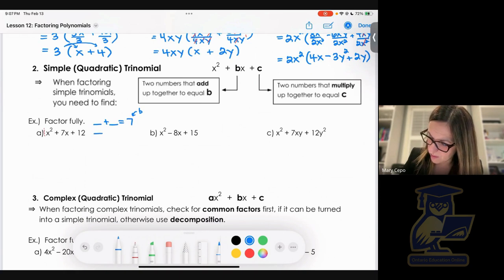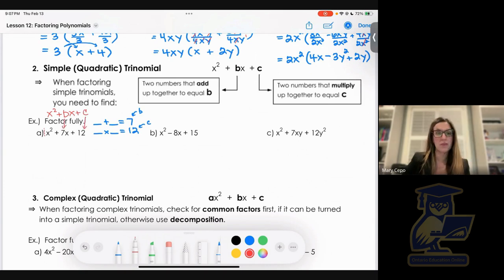Those same two numbers multiplied together equal c. Again, this is x squared plus bx plus c. So b would be the 7, c is the 12. This is where we have to know our multiplication table quite well.